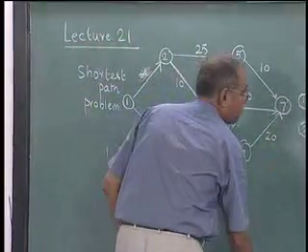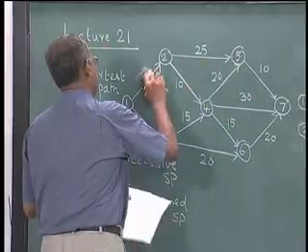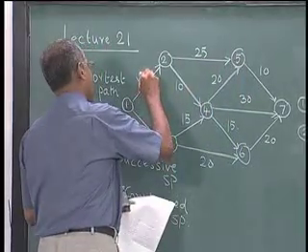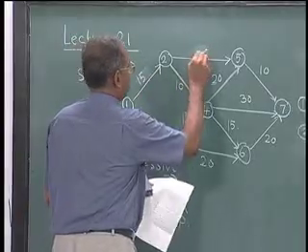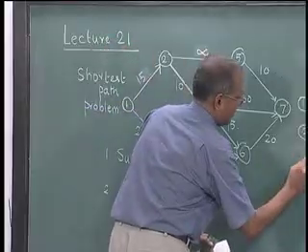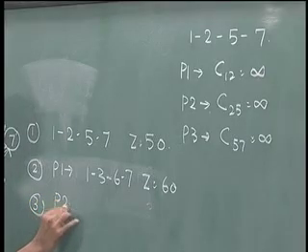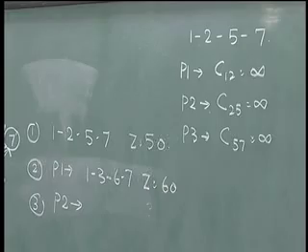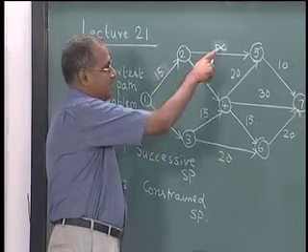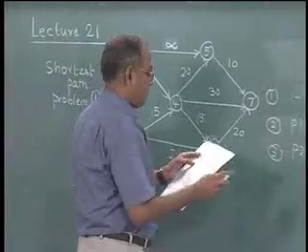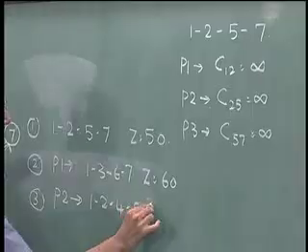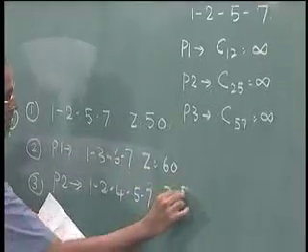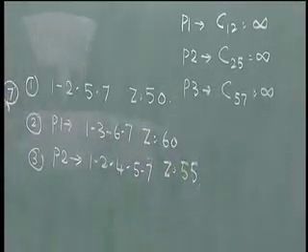Now, we solve problem P2 by keeping this as 15 and changing this to infinity. The solution to problem P2, or the shortest path to this problem, where this is kept as 15 and this becomes infinity, is now given by 1, 2, 4, 5, 7 with z equal to 55.